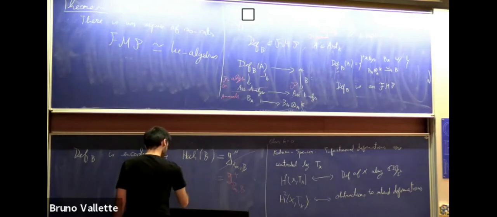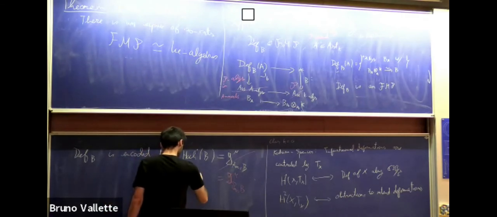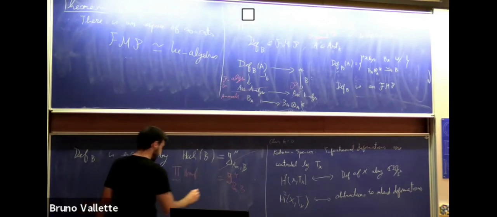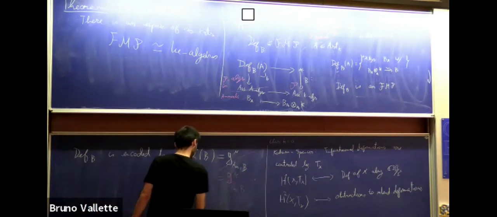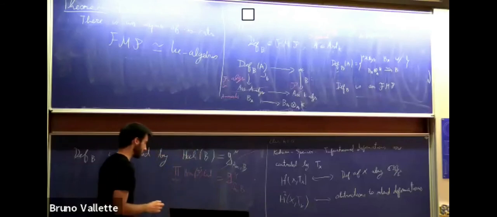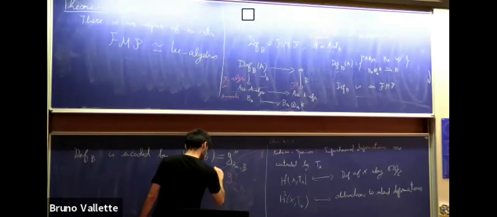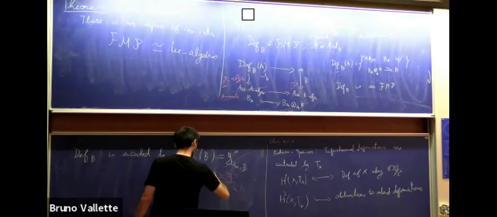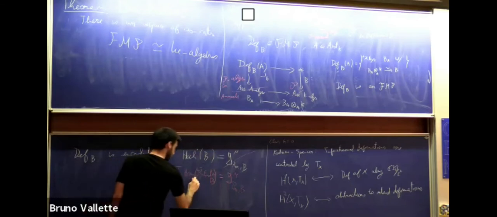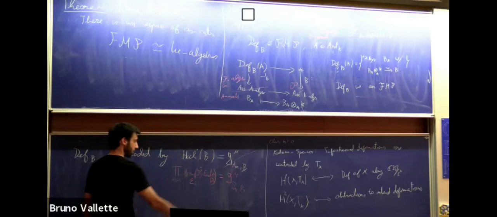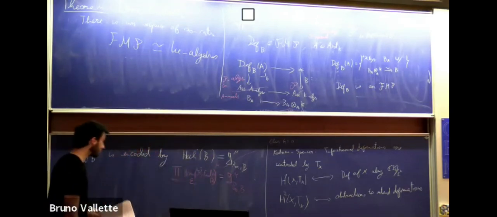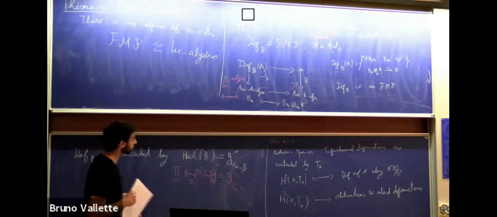It's some product for n bigger than 0 of P Koszul dual cooperad to endomorphisms of the algebra B. Maybe I should put some arities, and here these are symmetric maps, and then the twist by the Maurer-Cartan element.